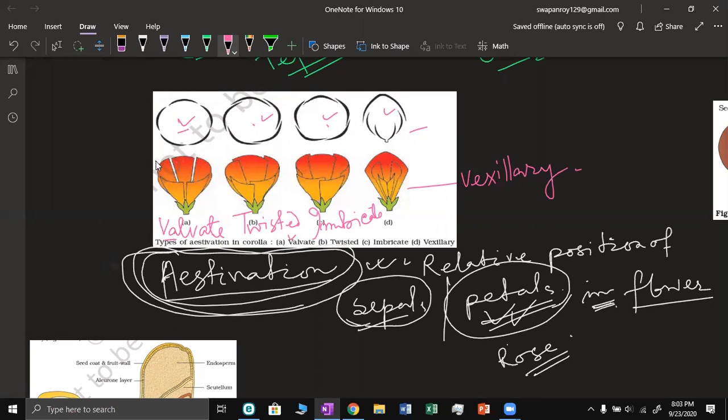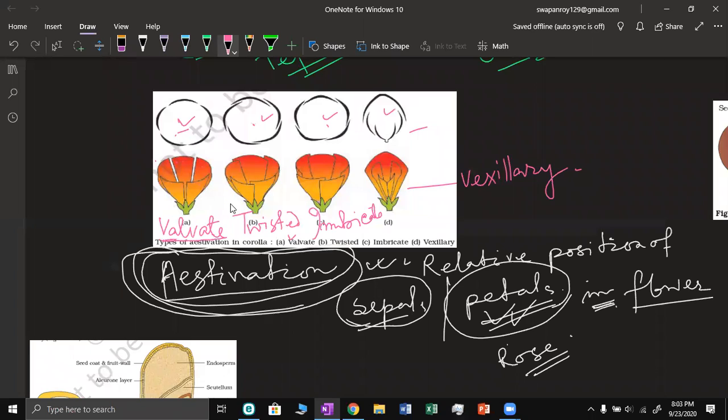Maybe they are fused as in case of gamosepalous or gamopetalous condition, but their relative position is such that they are not overlapping, not covering, or not being covered by any other petals or sepals. This type of condition is the valvate estivation.